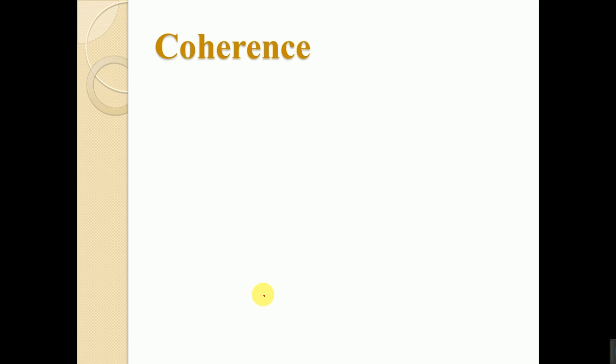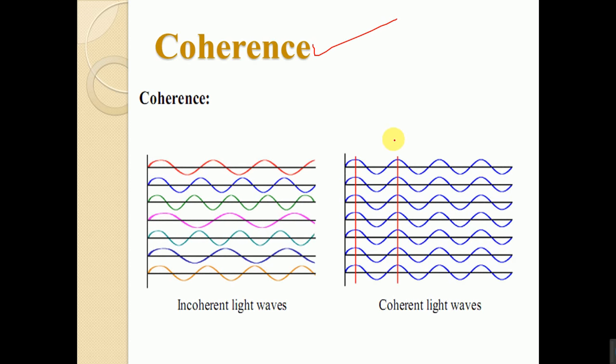The third property, which is the most important, is coherence. Coherence refers to the phase difference between two wavelets coming from the same source. Look at these incoherent waves. One has a crest over here, the other has it here. The second crest and third crest are not matching.